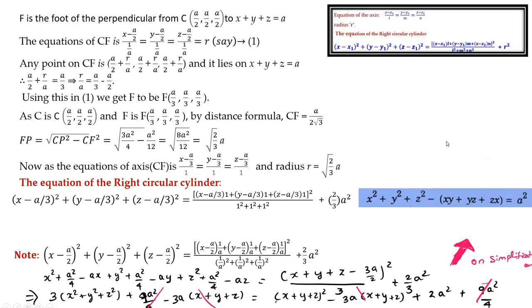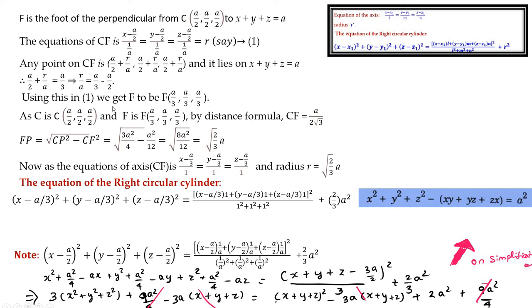The equations of CF can be easily written, and let us take that as say some r. Now any point on CF, just by cross multiplying, is what you get, and of course this point lies on the plane, from which we have the relation r by a is equal to a by 3 plus a square by 2.